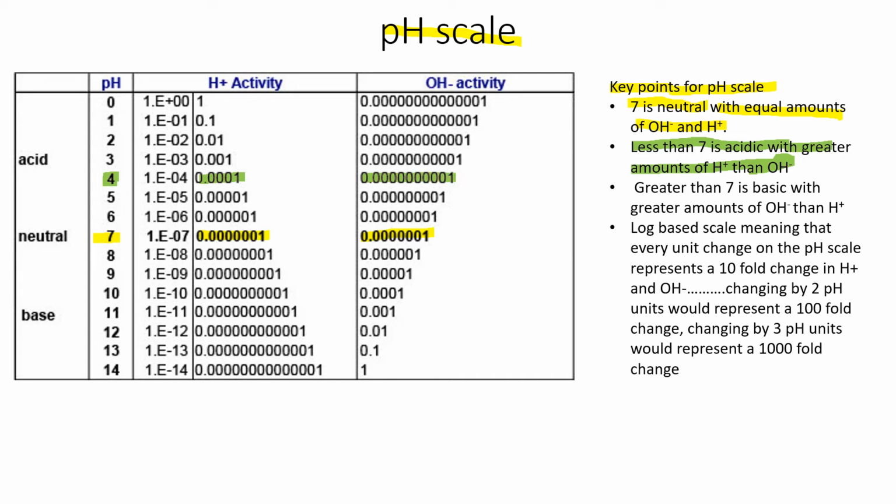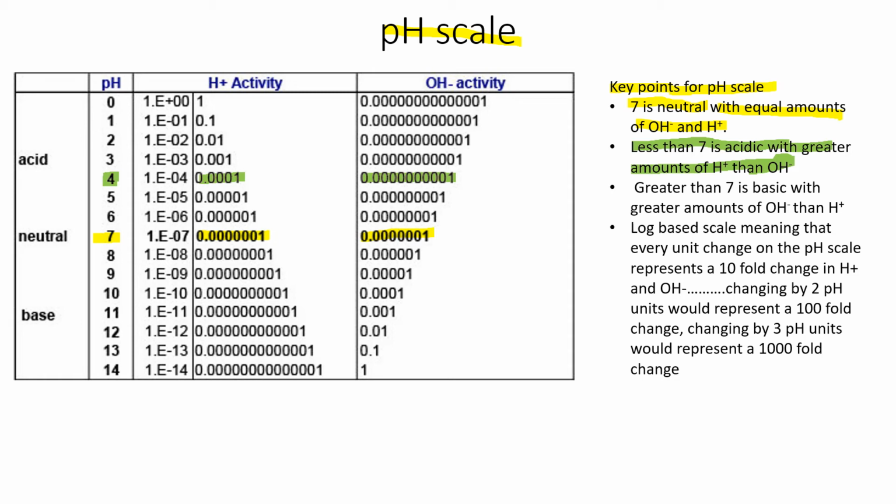You can see you have a lot more H+ than you do OH-. That's what it means to be acidic. But even when you're acidic, you still have small amounts of hydroxide ion present. It's just you have a much, much smaller amount than H+, but it still exists in that solution.